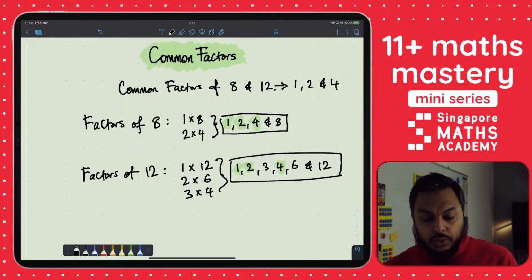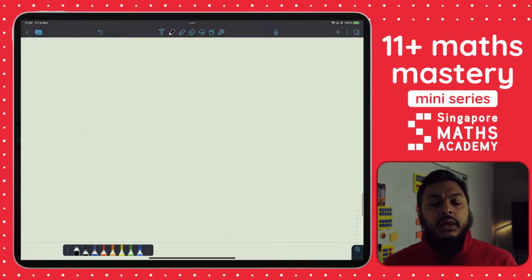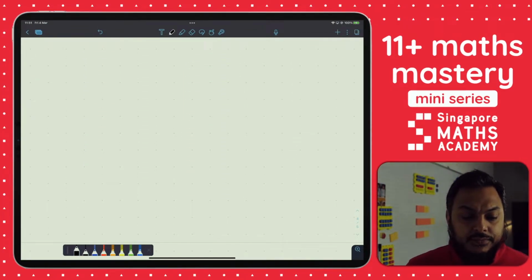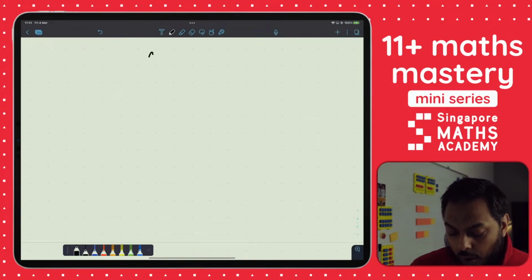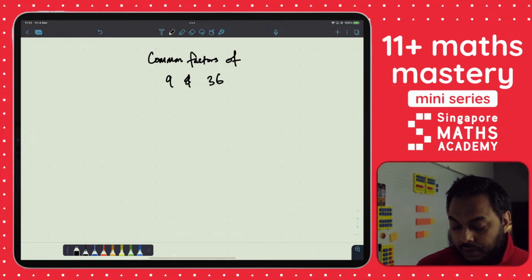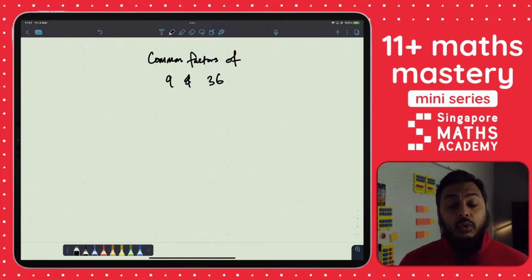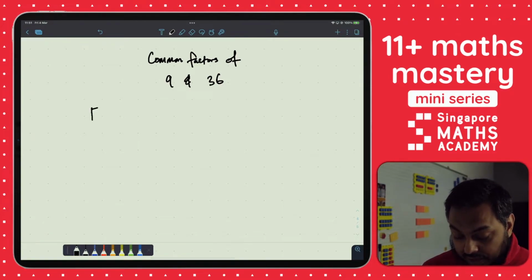Let's have a go at another question, just so that we're more confident at what we're doing when it comes to common factors. So let's look at the common factors of 9 and 36. What we're going to do first, we're looking at factors of 9 first.